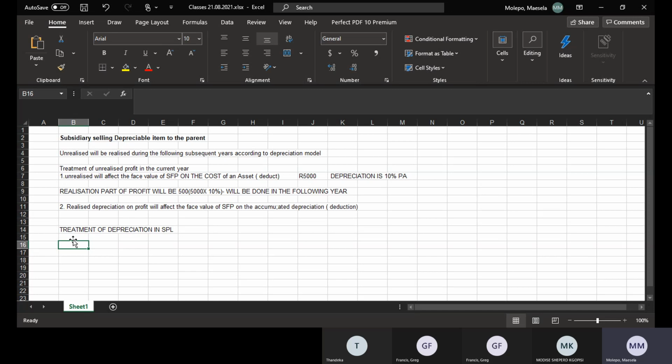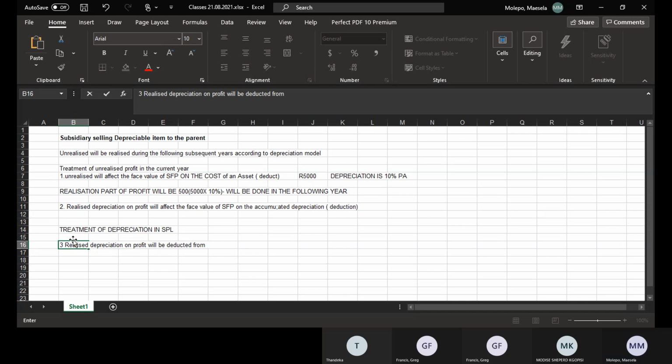So the realized depreciation on profit, which will be our number three, will be deducted from the admin expenses in the face value of SPL.